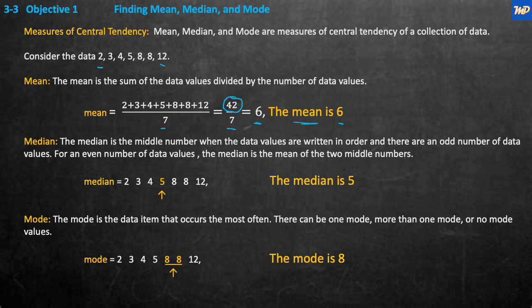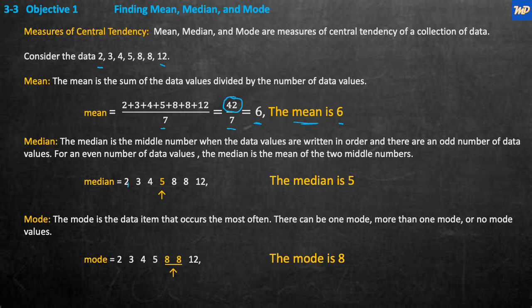So let's look at the median. The median is the middle number of the data values when the data values are written in order and there are an odd number of data values. For an even number of data values, the median is the mean of the two middle numbers. So in our case here, the data is 2, 3, 4, 5, 8, 8, 12.